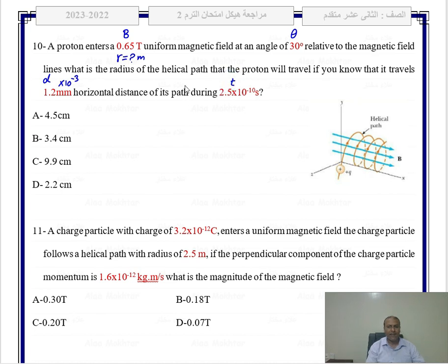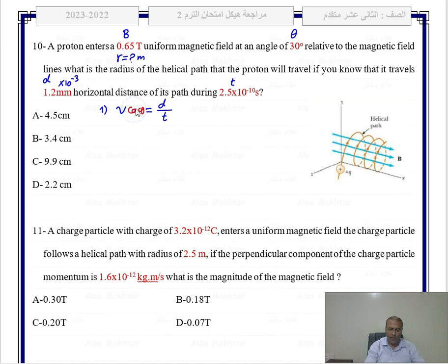We have the distance and the time, so we can calculate V. It's equal to D over T. But which V? The velocity that makes the proton move forward. This is the parallel velocity, V cosine theta.